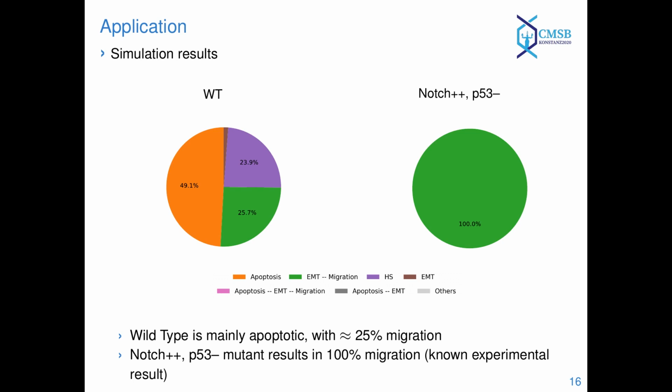We can also look at the results of mutants, in this case a double mutant, which is the activation of Notch and the inhibition of p53. In this case, we get migration 100% of the time, so all the cells will start migrating and will undergo metastasis. And this is a known experimental result that Cohen was able to reproduce.